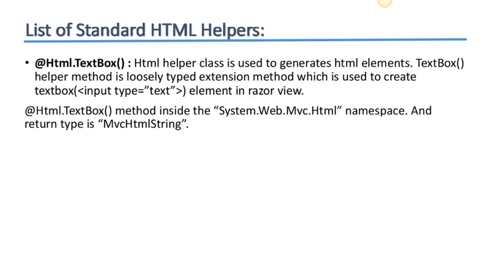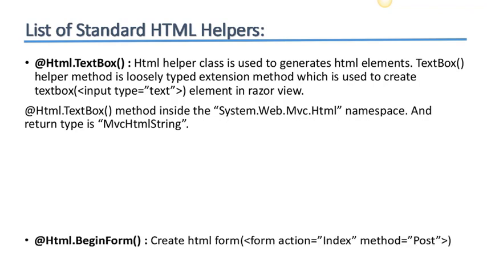The TextBox method is used to generate the input type equal to text element in the Razor View, and the @Html.TextBox method is inside the System.Web.Mvc.Html namespace, and the return type of the TextBox is MvcHtmlString.